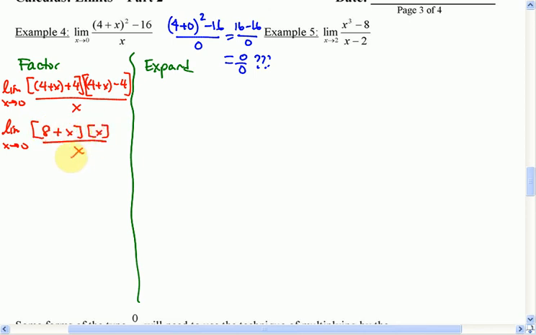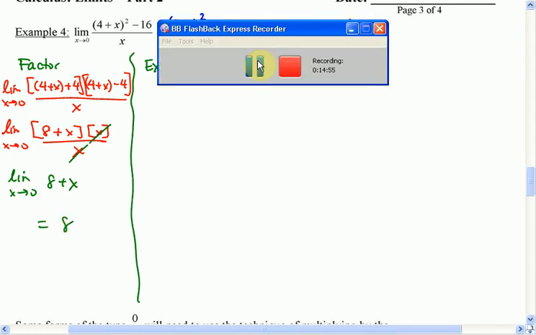So you just factor this and cancel, cancel. The limit as x approaches 0 of 8 plus x gives you 8. So that was the method using factoring.